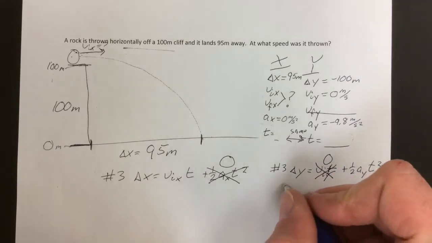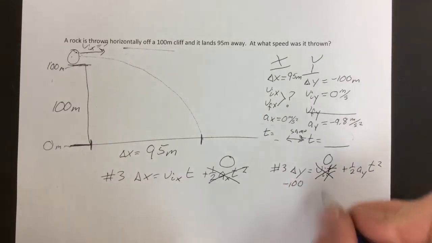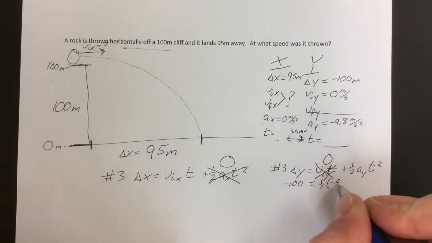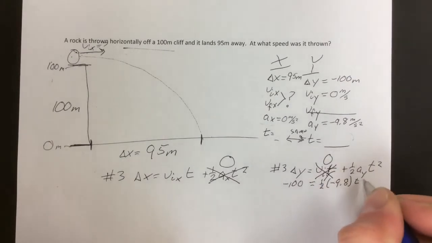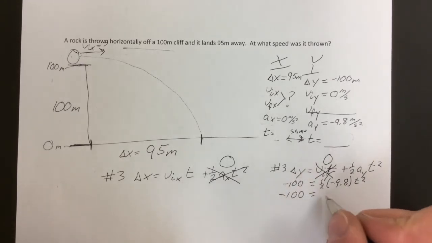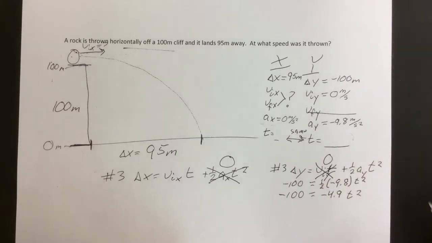Plug in some numbers. Delta y is equal to negative 100, which is equal to 1/2 times negative 9.8 times t squared. Negative 100 is equal to negative 4.9 times t squared.